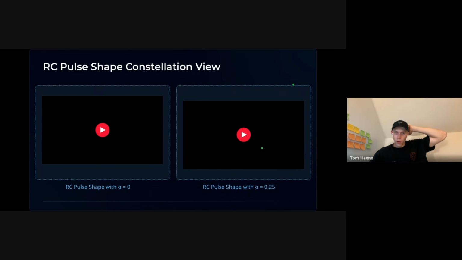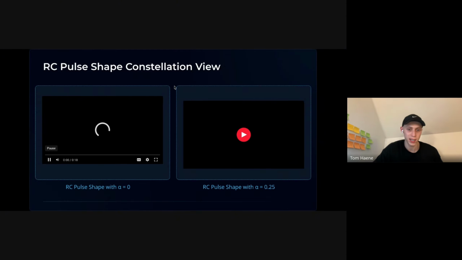So I've got a few more animations here. I've shown you an animation of the square pulse and of the sync pulse. Now let's see some of these raised cosine pulses. First, remember that I said the alpha of 0 raised cosine pulse is actually the sync. So let's look at the sync again, for comparison.